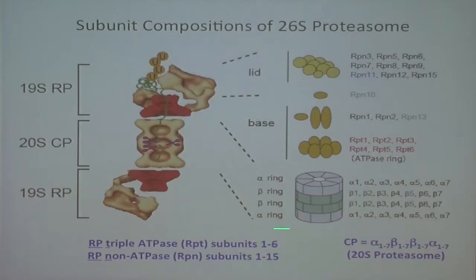Now this is the full subunit composition. As you can see, the catalytic particle contains two alpha rings and two beta rings, in this structure. The regulatory particle consists of three kinds of subunits.